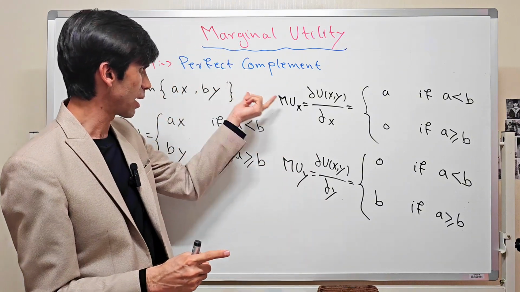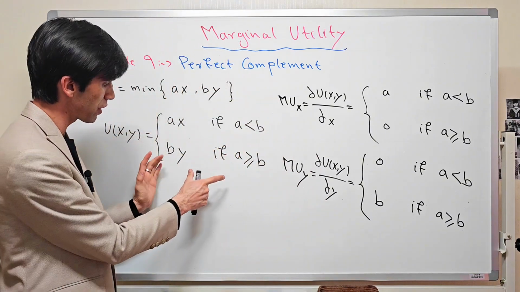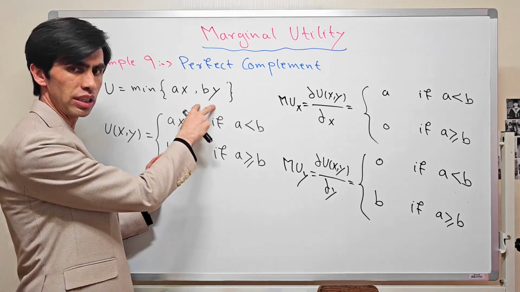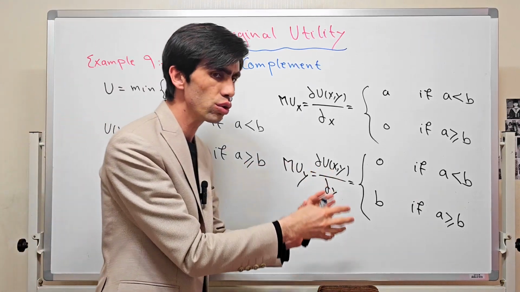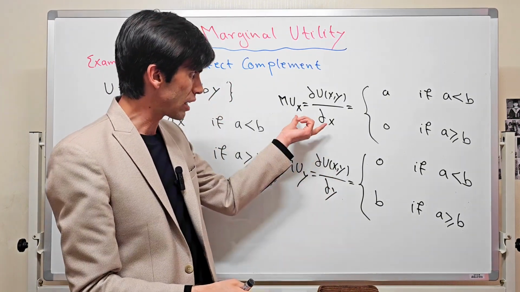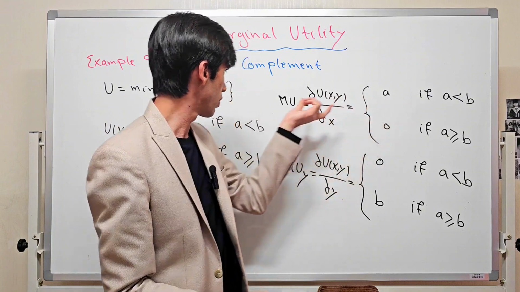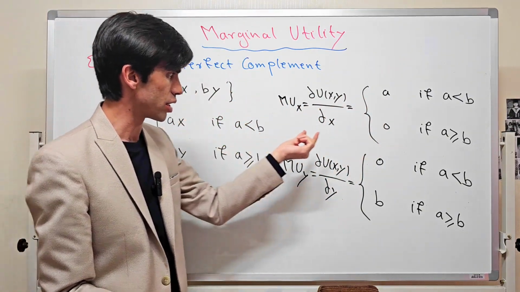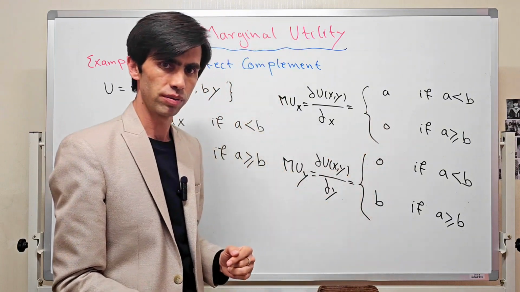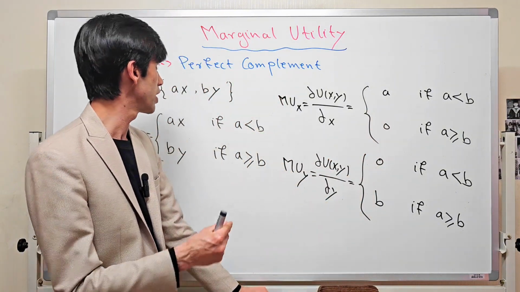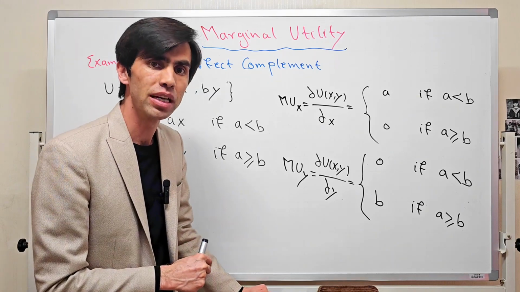But in perfect complement, because we have different types of utility function based on which of them will be the min, we have two types of marginal utility for each of them. In one type, the marginal utility will be equal to the coefficients. In another type, the marginal utility will be equal to 0. So this is the derivation of marginal utility for a perfect complement utility function.